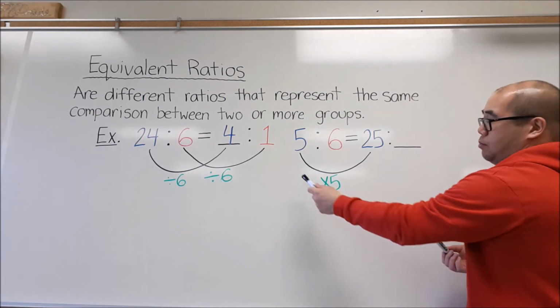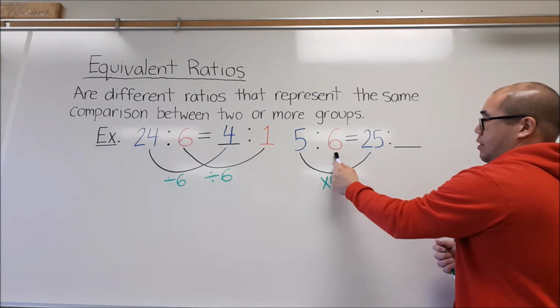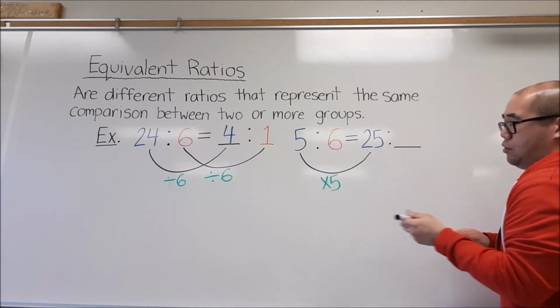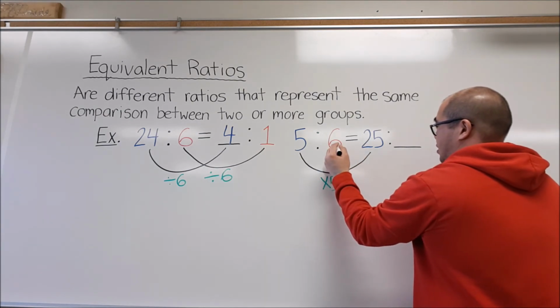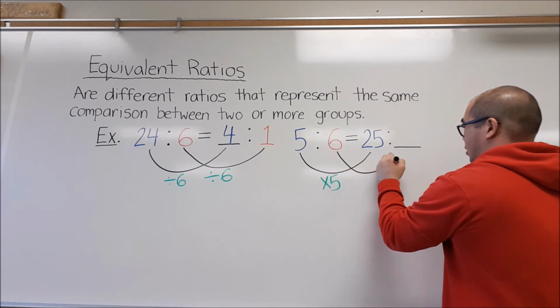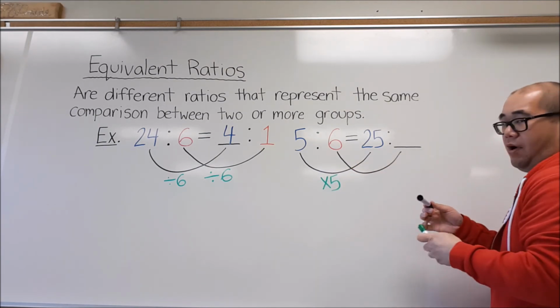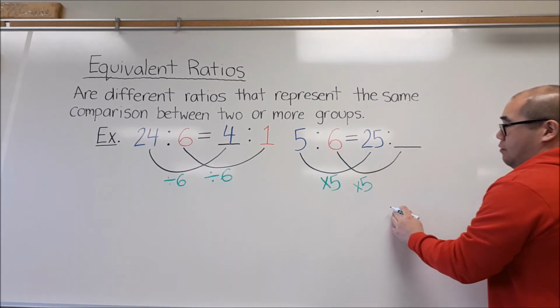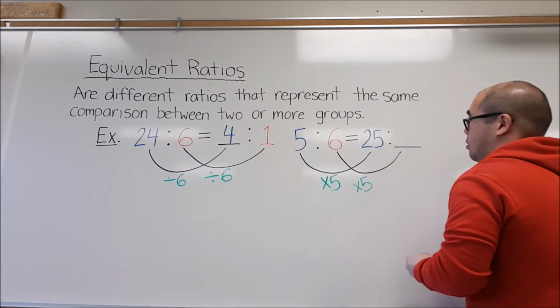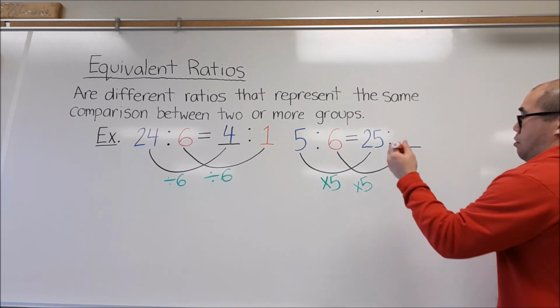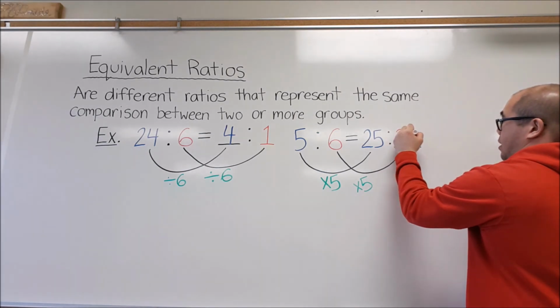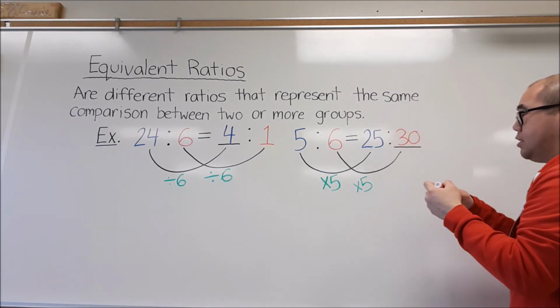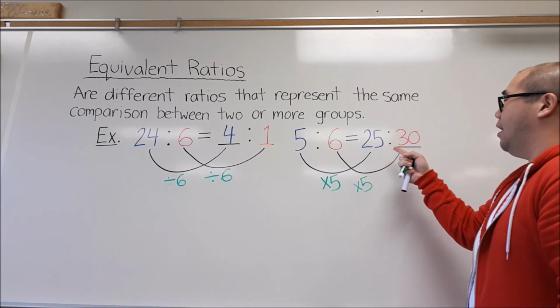So since we're multiplying this value, this value here is also going to be multiplied by the same number, which in this case is 5. So 6 multiplied by 5 is going to give us 30. So the equivalent ratio for this question is 25 to 30.